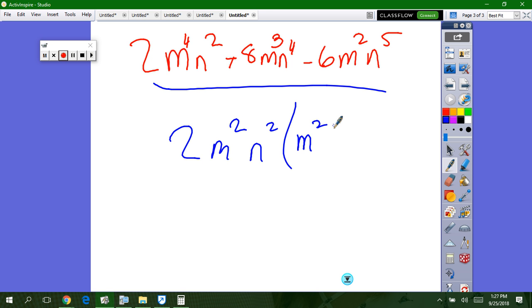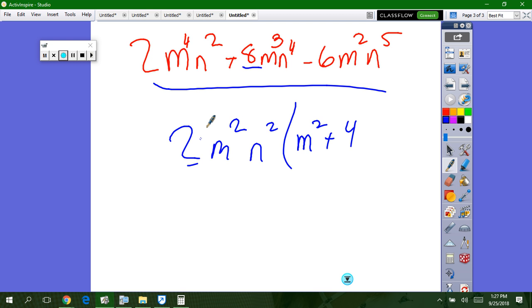Okay, let's go over to, Strongo. So, if I pull 2m squared n squared out of 8m cubed n fourth, what's left over? 6, because we're not subtracting it after. So first off, we're going to say 8 divided by 2. 4, because remember, as I would do this, I would distribute it back, right?